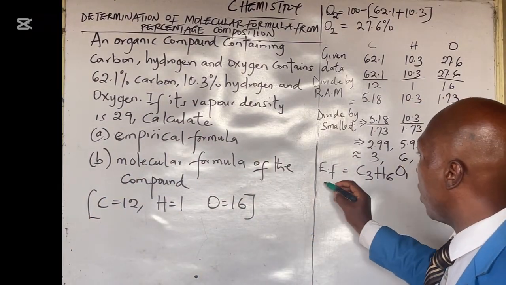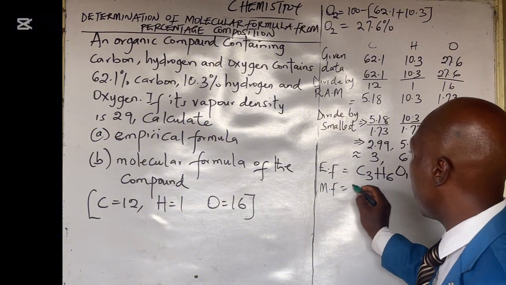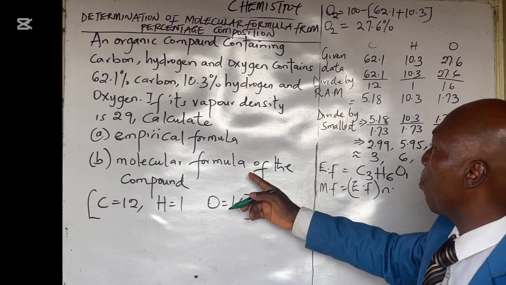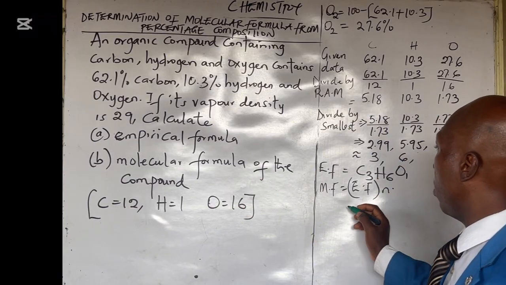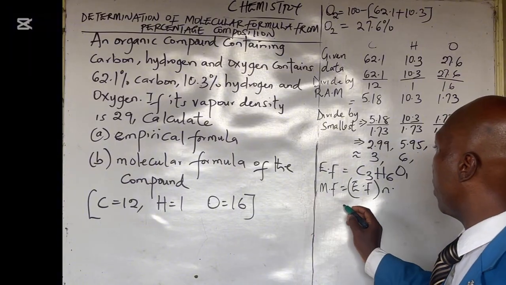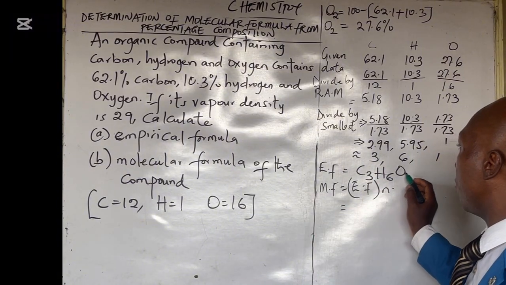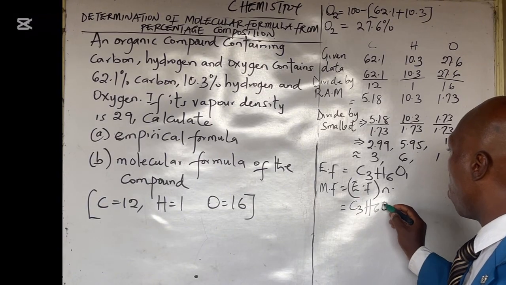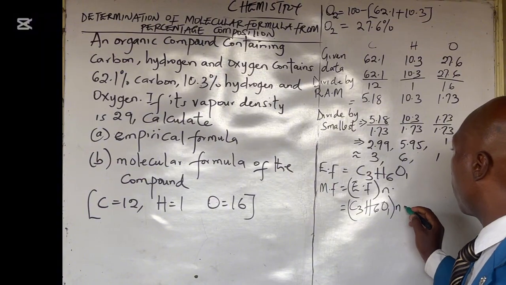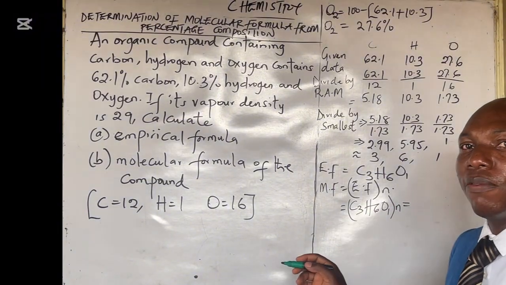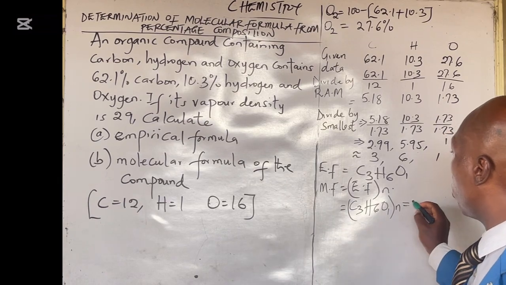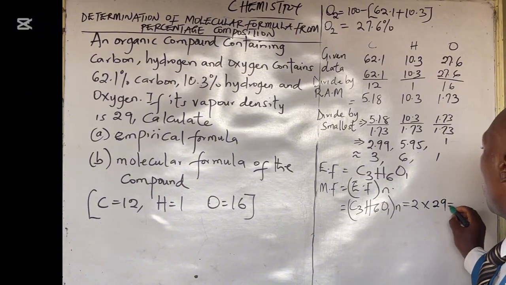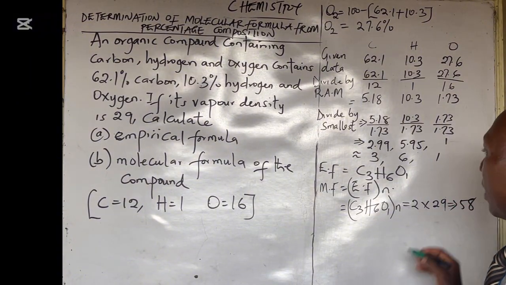We know that molecular formula is empirical formula into bracket N. So the molecular formula is C3H6O1 into bracket N, which equals the relative molecular mass, 2 times vapor density. Our vapor density is 29, so 2 times 29 is 58.